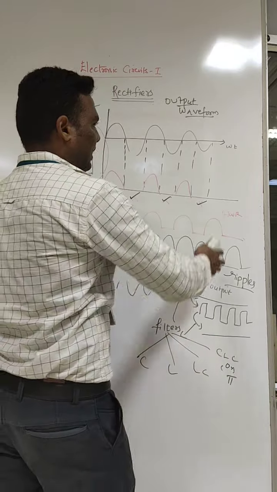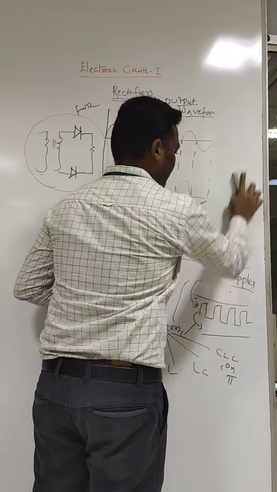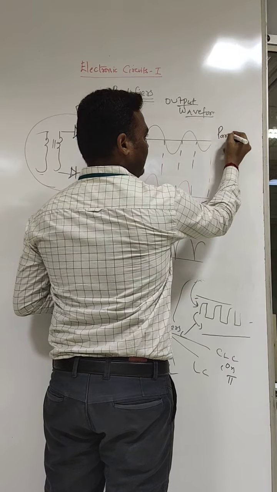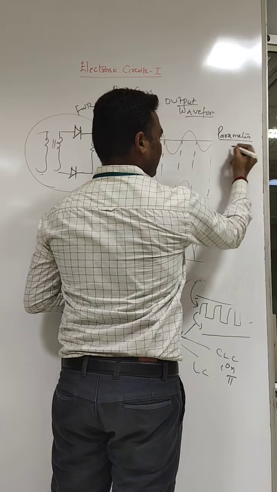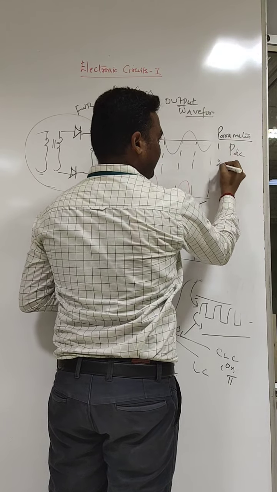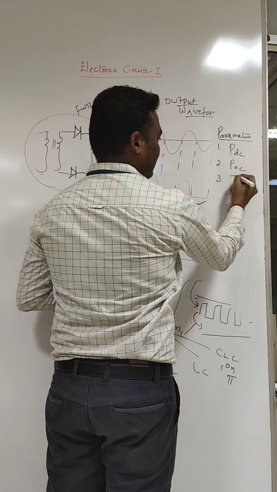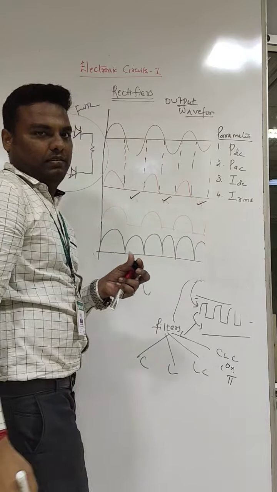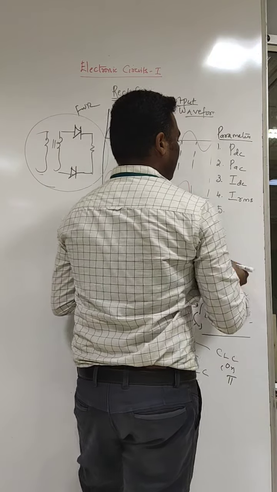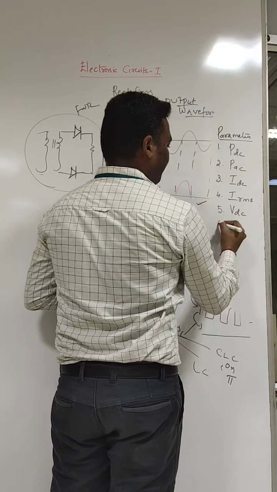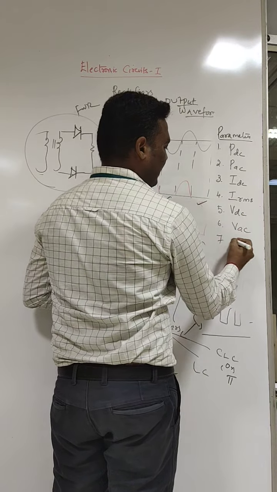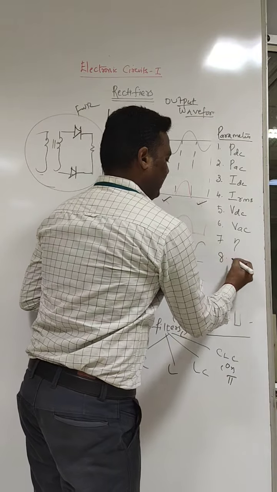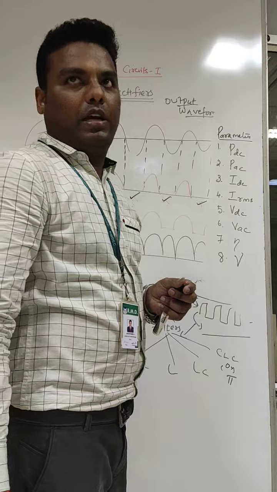What are the parameters you need to calculate? Power at DC, power at AC, current at DC, current at AC, which is called RMS, voltage at DC, voltage at AC, then rectifier efficiency eta, then ripple factor gamma.